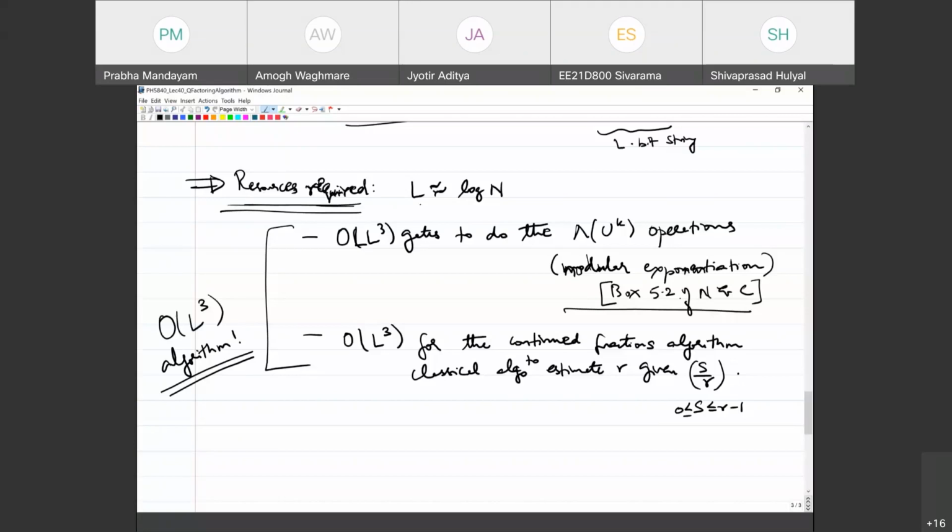But here you have a quantum algorithm which invokes classical subroutines like this continued fractions algorithm. Even including the classical resources and the quantum resources, this scales only polynomially in log n. So this is a huge improvement over what exists classically currently. Questions?